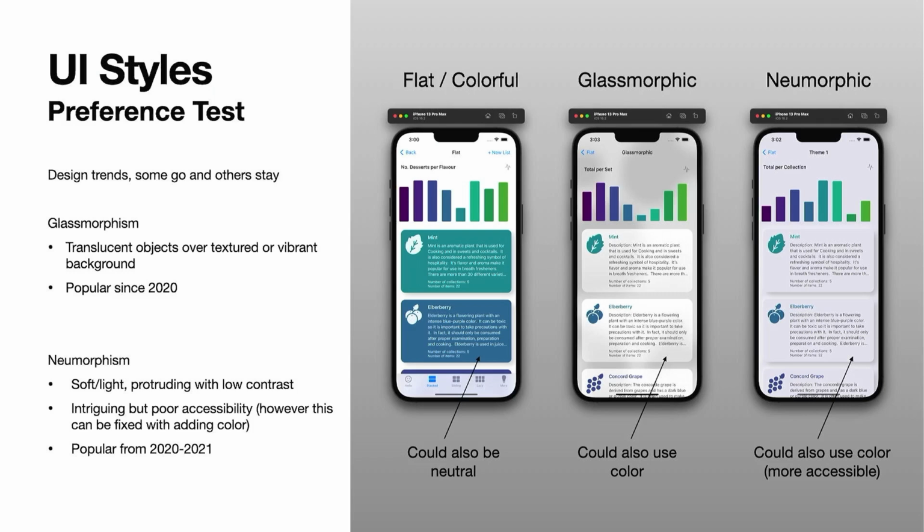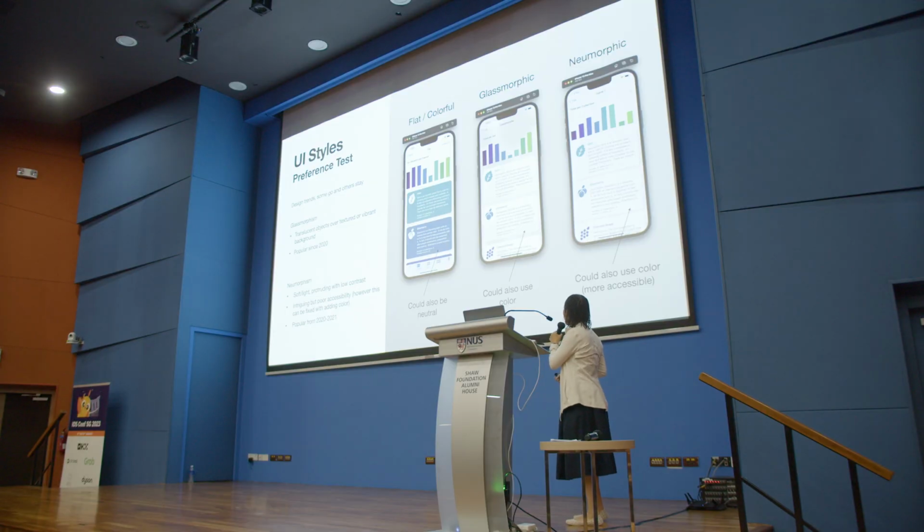And then we have neumorphism, where UI elements are kind of protruding out, so it's a bit low contrast, although that can vary. This is a style that I think has lost popularity lately. It's not so popular anymore, but it's definitely quite interesting.